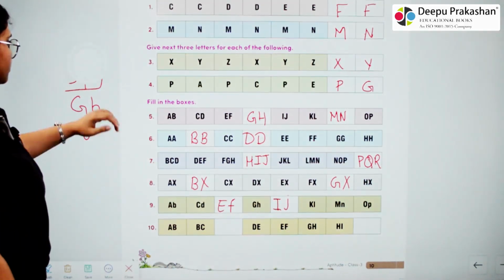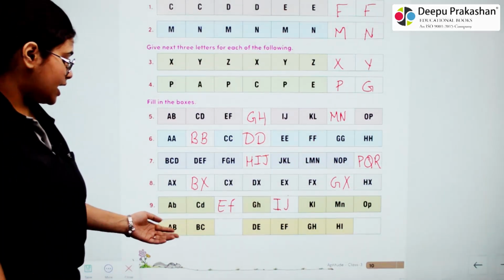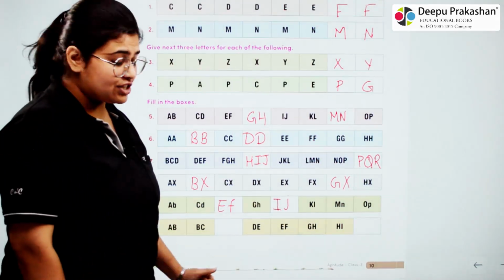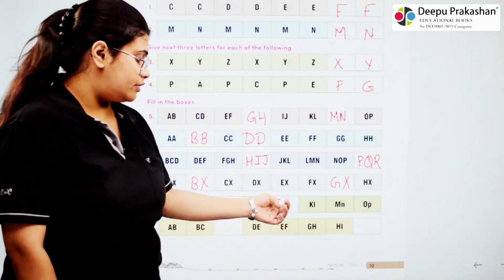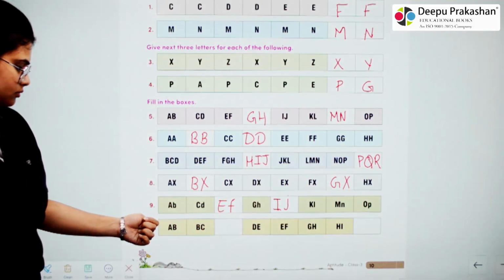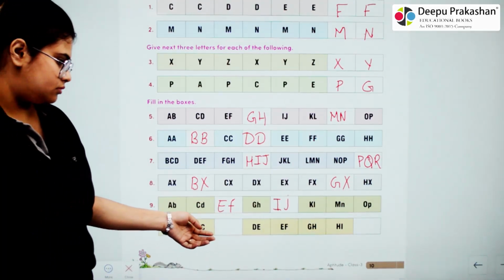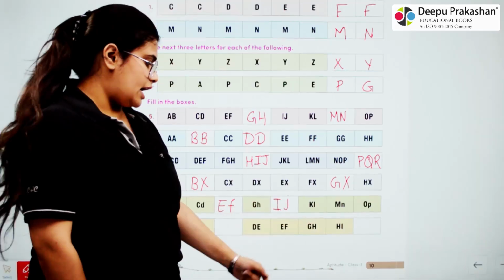Okay. 10th, we are given AB, BC, dash, DE, EF, GH, HI dash.